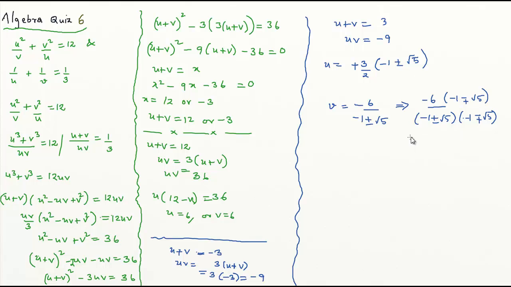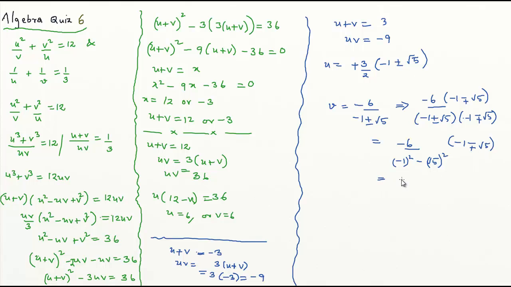So to rationalize this denominator, what I get is minus 6 divided by, this would be like a plus b times a minus b. So it's going to be minus 1 squared minus square root of 5 squared, and minus 1 minus or plus square root of 5.